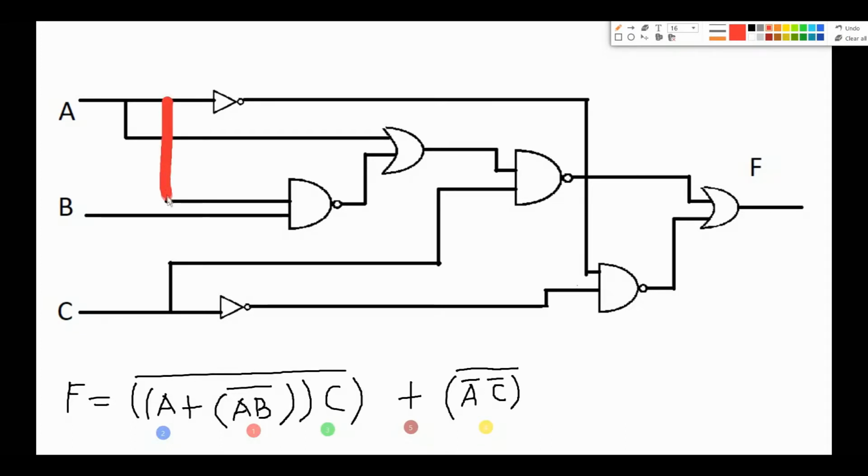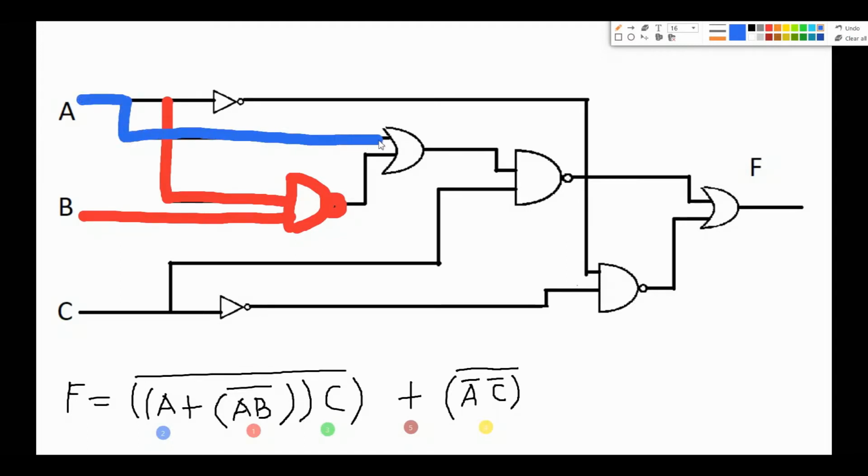We would need to connect our A and our B to a NAND gate. Then, now it's time to do our second equation. Connect our A to an OR gate with the product of the NAND gate.